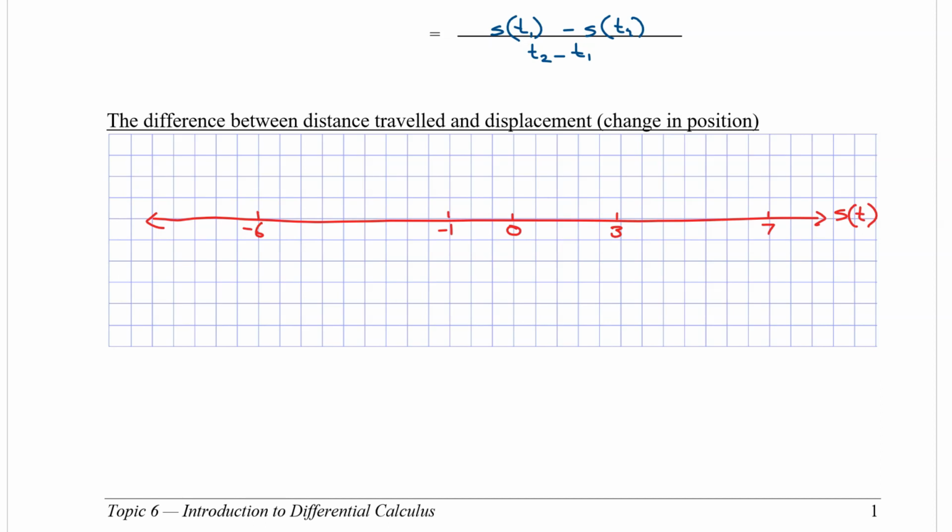Earlier I mentioned two different things: the difference between distance traveled and displacement. So consider this little diagram here, clearly not to scale. Imagine we've got a tennis ball here, and your mate's standing at position -1, and they throw it backwards.